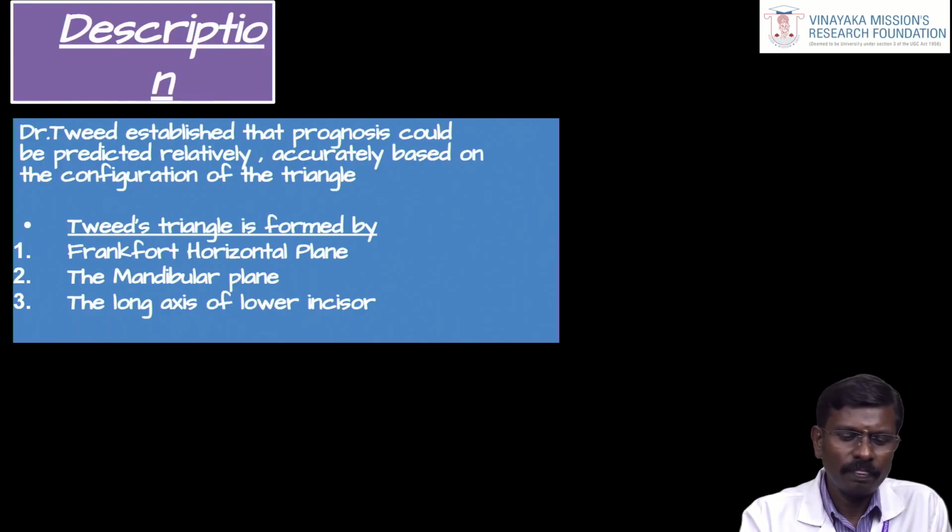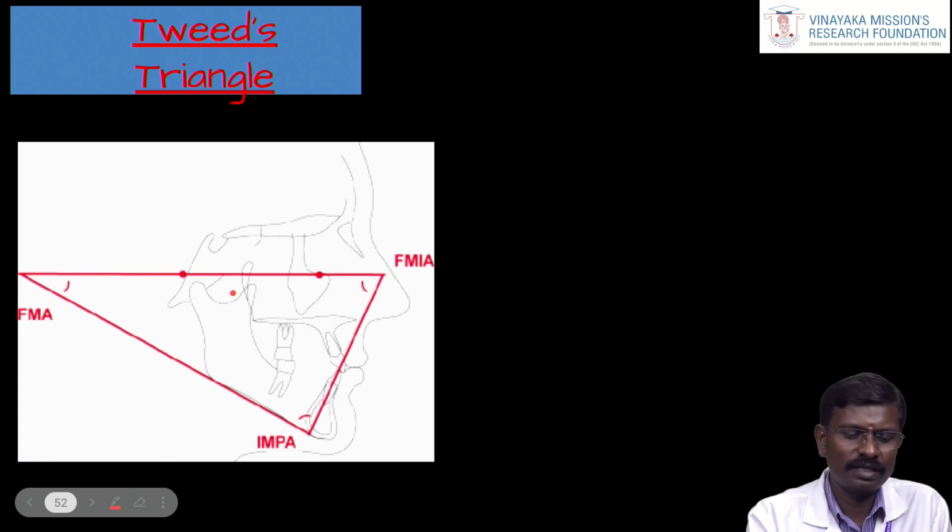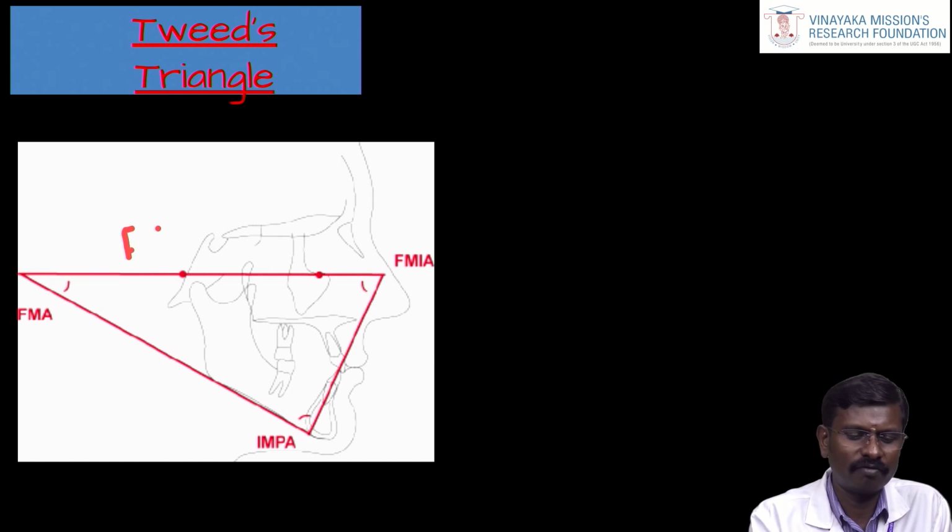So according to him, he had formed one triangle that is called Tweed's triangle with 3 planes, that is the Frankfurt horizontal plane, the mandibular plane, and the long axis of the lower incisors. So this is the line making the triangle. This is the Frankfurt horizontal plane, the FH plane, the line joining the points porion and orbitale.